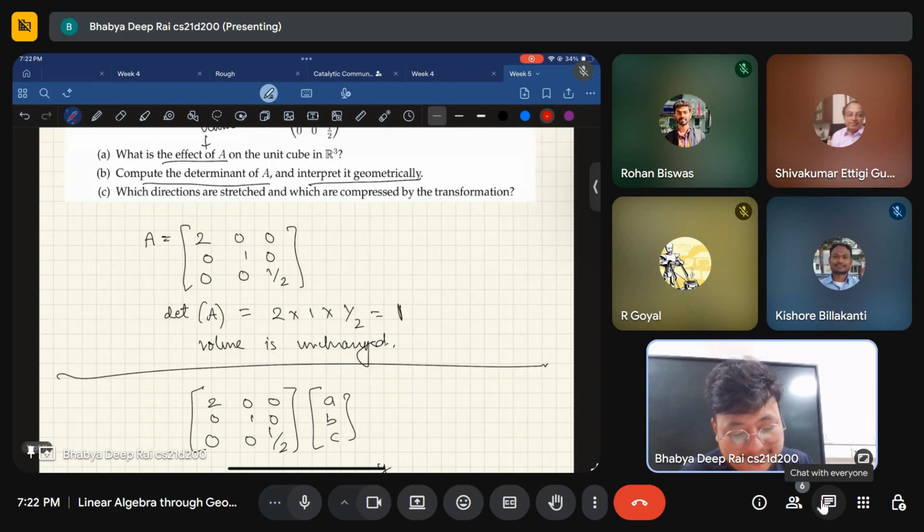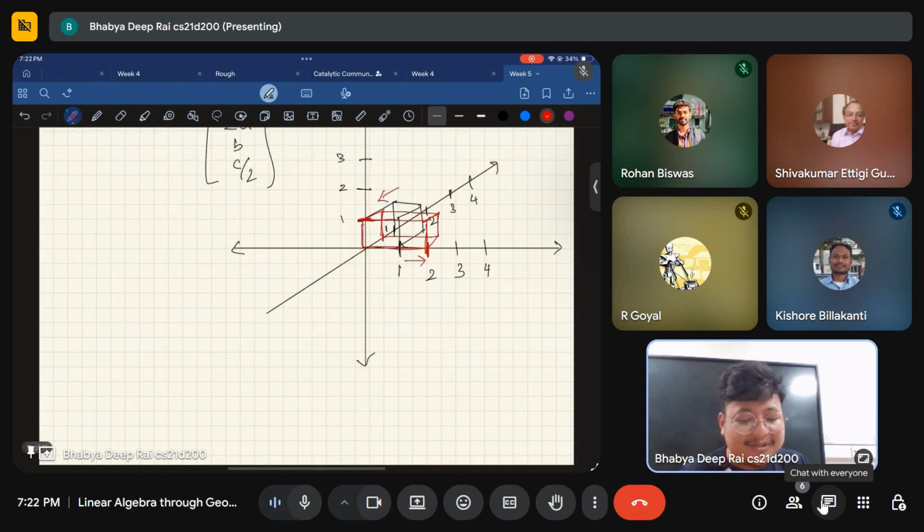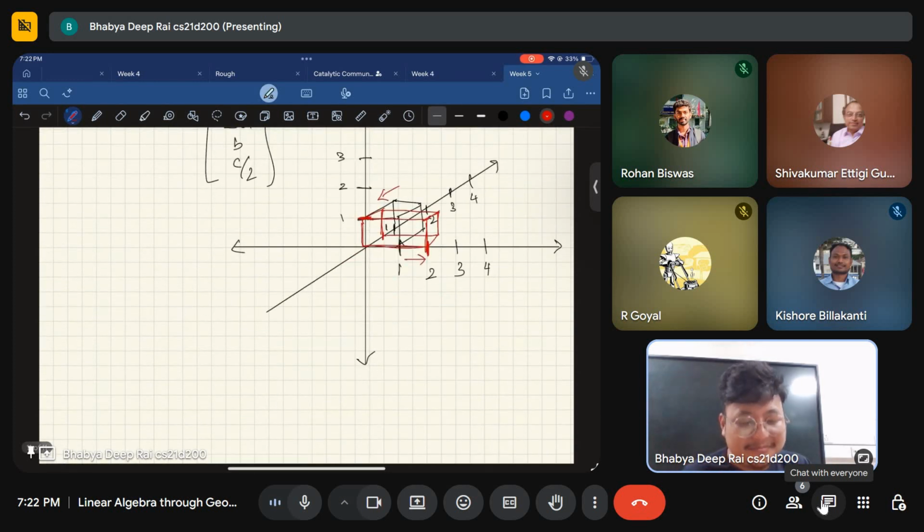We computed the volume and it is unchanged. This is what happens to the unit cube, and therefore you can also translate it to what happens to a larger cube or larger set of vectors.